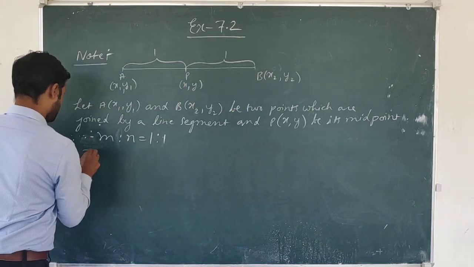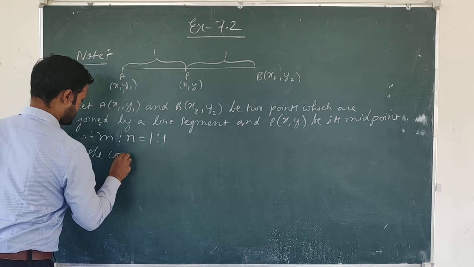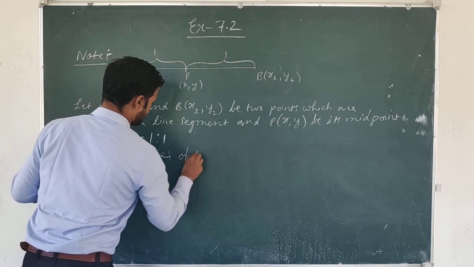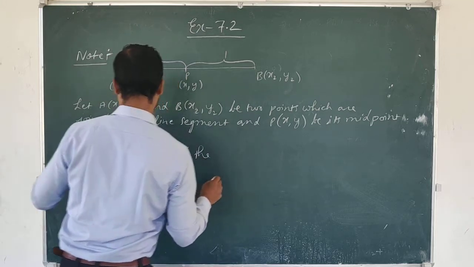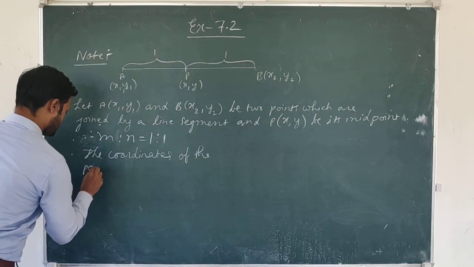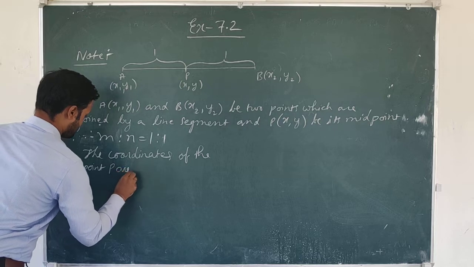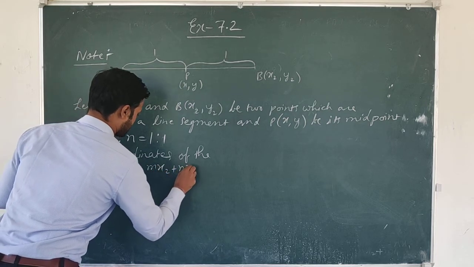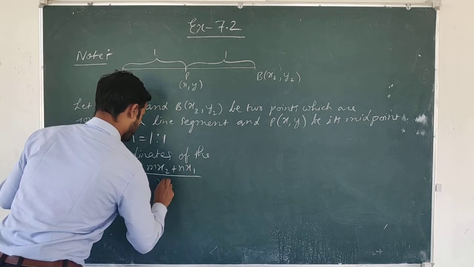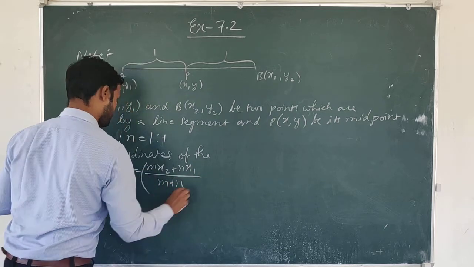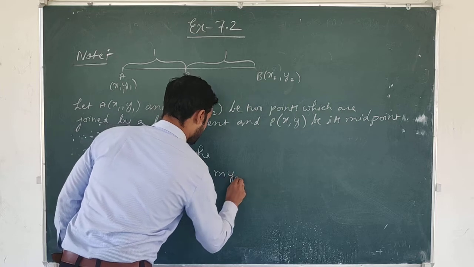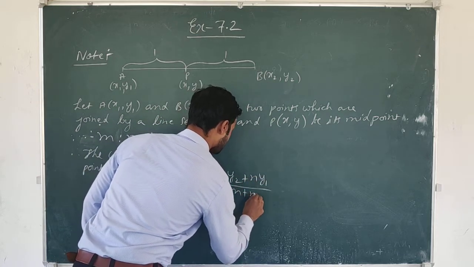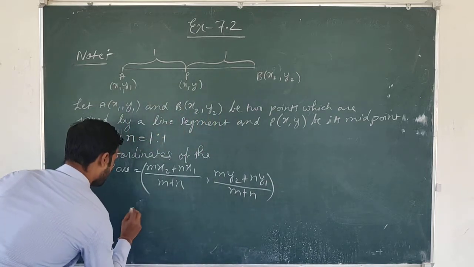Therefore the coordinates of the point P are equal to (m x2 plus n x1) by (m plus n), and (m y2 plus n y1) by (m plus n).